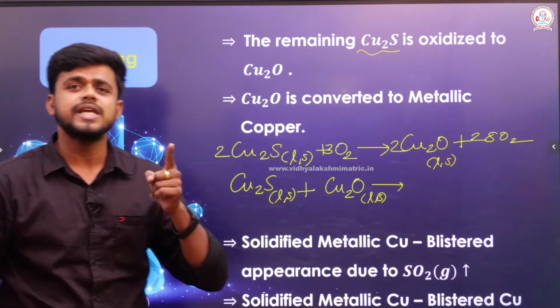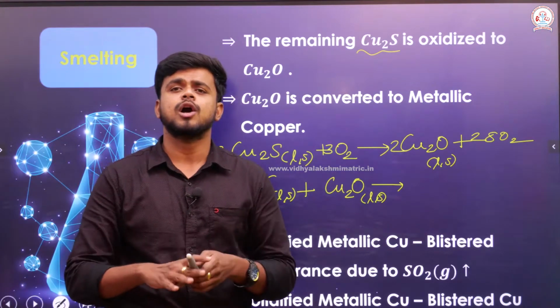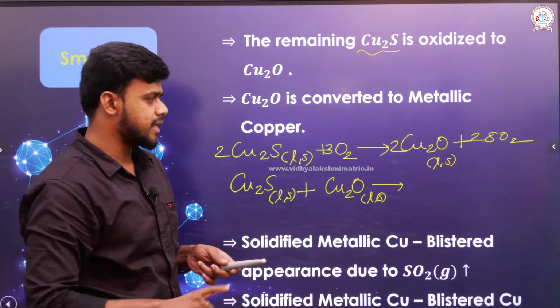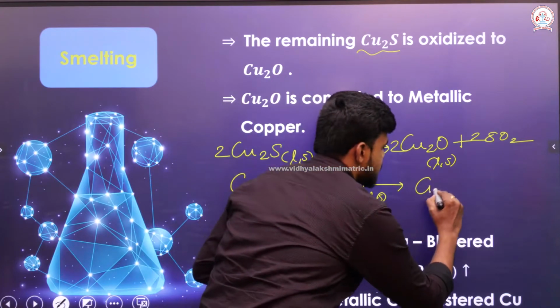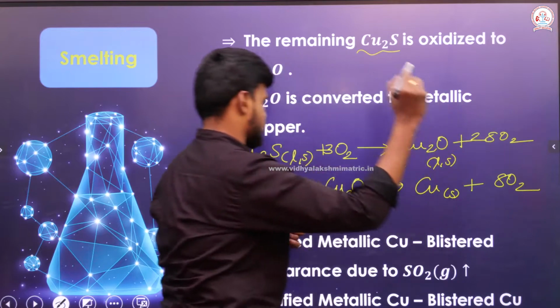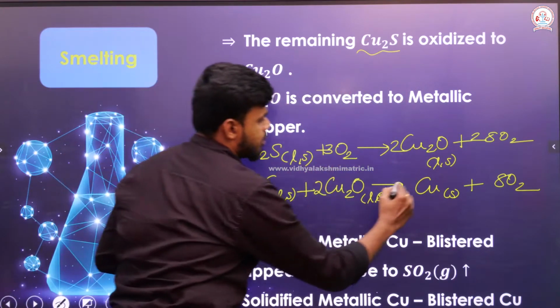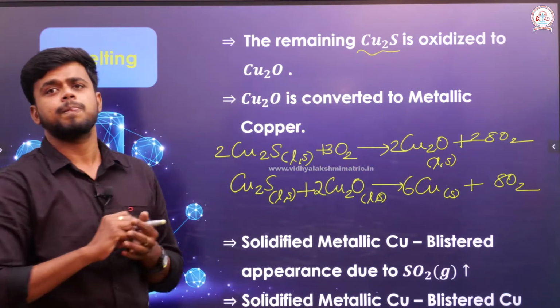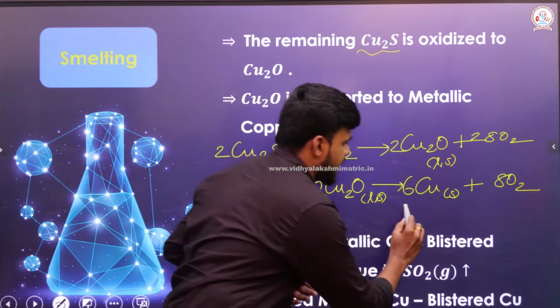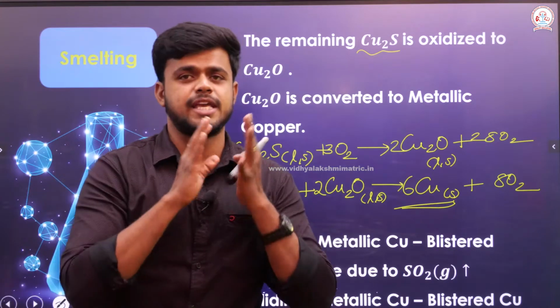During this process, we are able to get metallic copper, Cu as a solid, with the evolution of sulfur dioxide. To balance, let me make it 2. So, copper becomes 6.